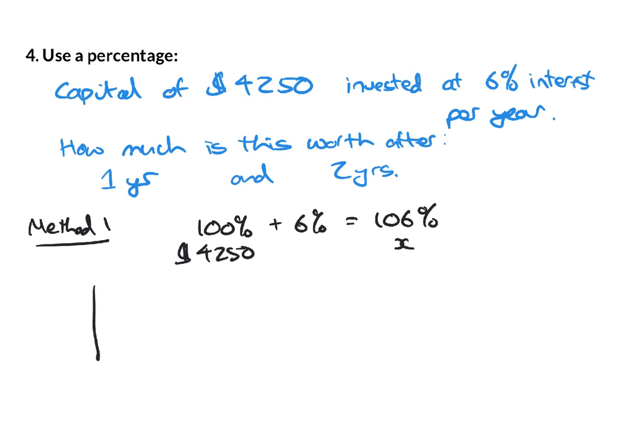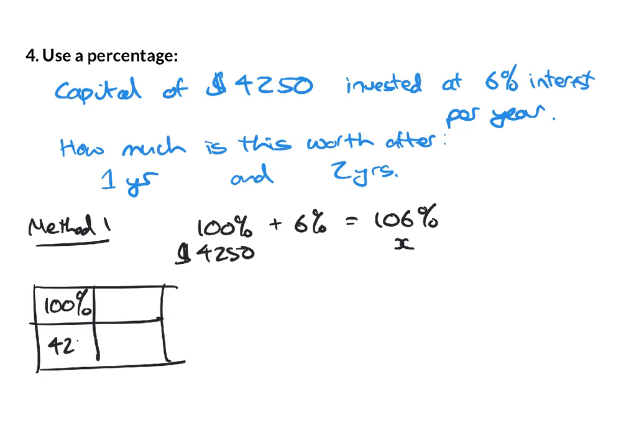So using my proportionality grid, like this, my 100%, what I started with, is 4,250. I finish with 106%, and I'm going to call that value X. So as you know by now, to work out X, I do these two multiplied, divided by this one.